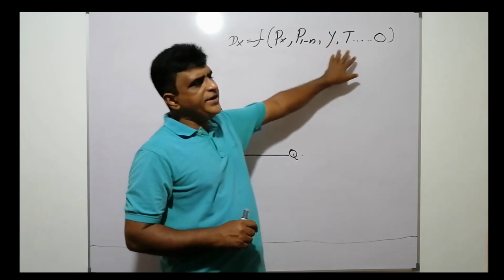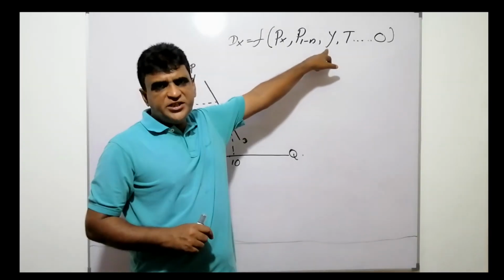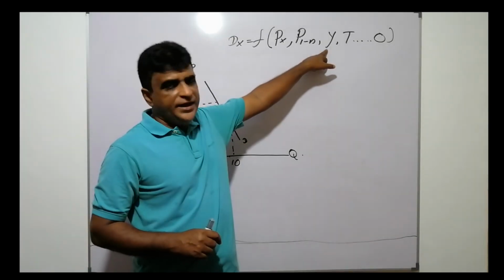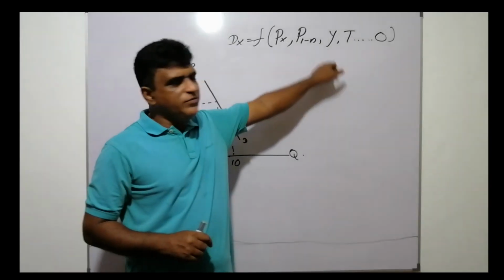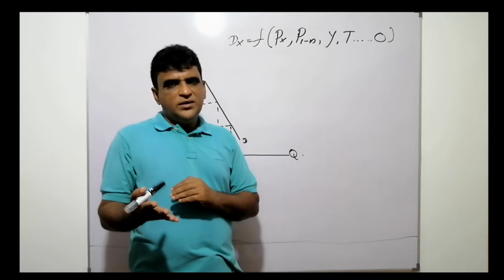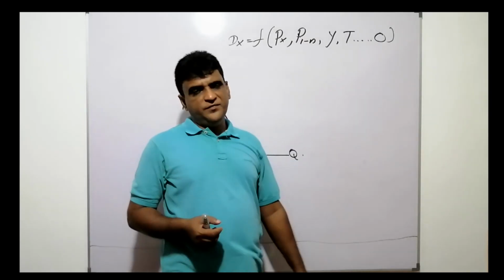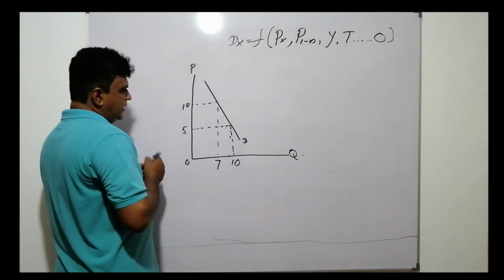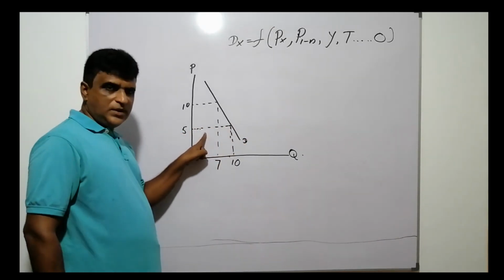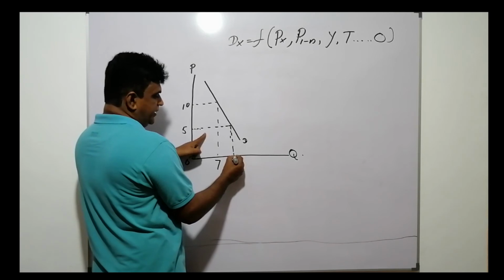One of these factors is changing. As an example, Y is changing. What is Y? Yield, the income. Consumer's income. That is Y. What happens if the consumer's income goes up? We think that consumers will demand more quantities of the particular product. Now think, under 5 the consumer is demanding 10.